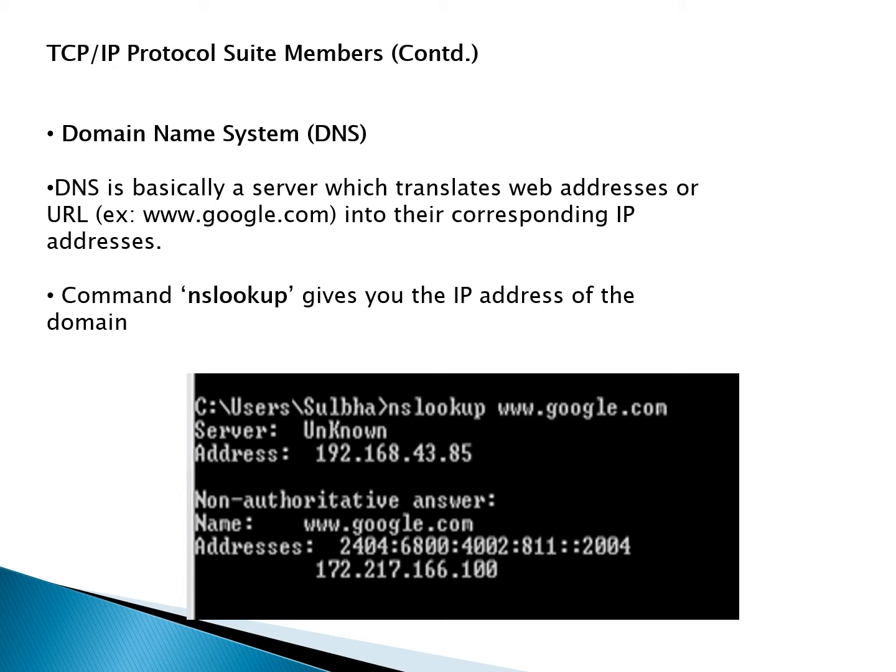There is a command, nslookup, that gives you the IP address of the domain you are looking for. This also provides the information of our DNS server. Here, this snapshot shows the nslookup command, which gives the IP address of www.google.com.